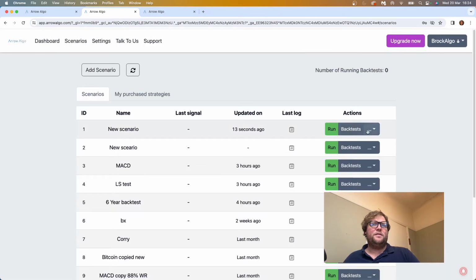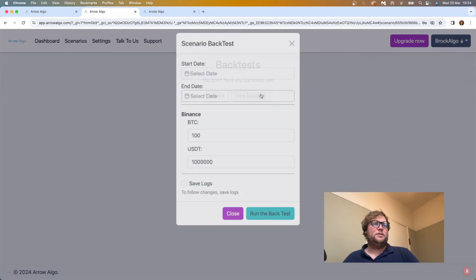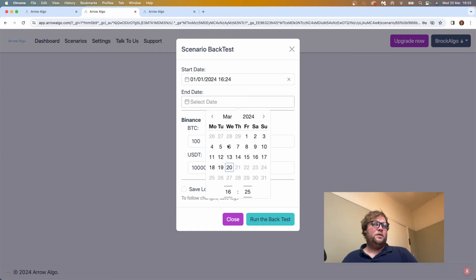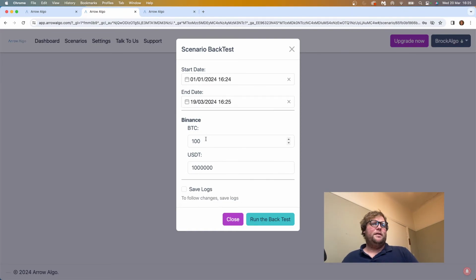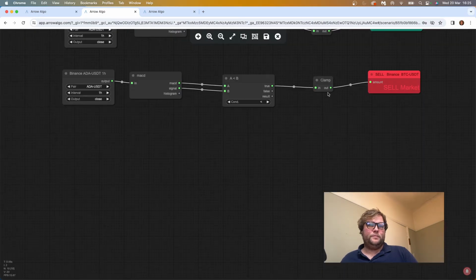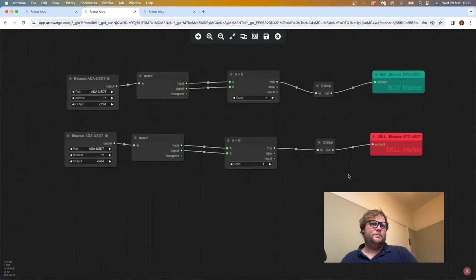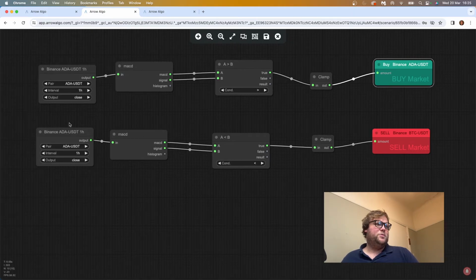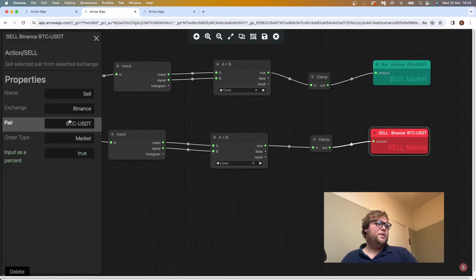All I had to do was save the scenario, go into the backtests, click on new backtest, select my start date and my end date and my starting balances, and hit run. Just set the right asset, because we're looking at Cardano, not Bitcoin.